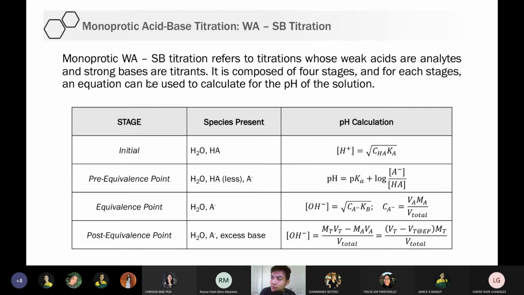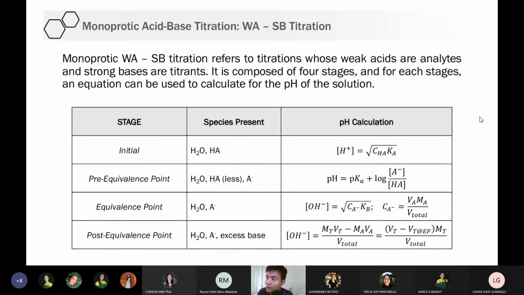Okay, so again, this is similar with SASB and the SBSA titrations. We still have the 4 stages: the initial, the pre-equivalence, the equivalence, and the post-equivalence point. And for each stage, there is a corresponding equation necessary to compute for the pH of the solution. And the equations we have here on the right side are derived from the equilibrium system.